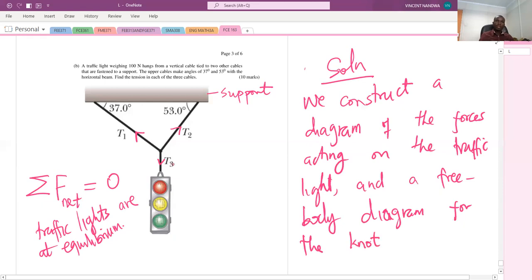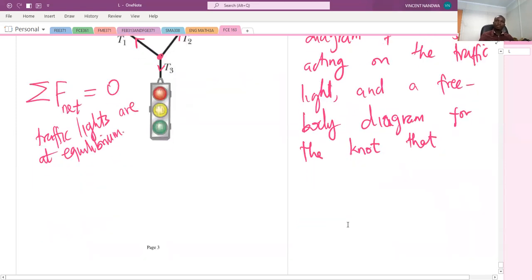So the knot you're referring to, this knot here, for the knot that holds the three strings, or three cables together.